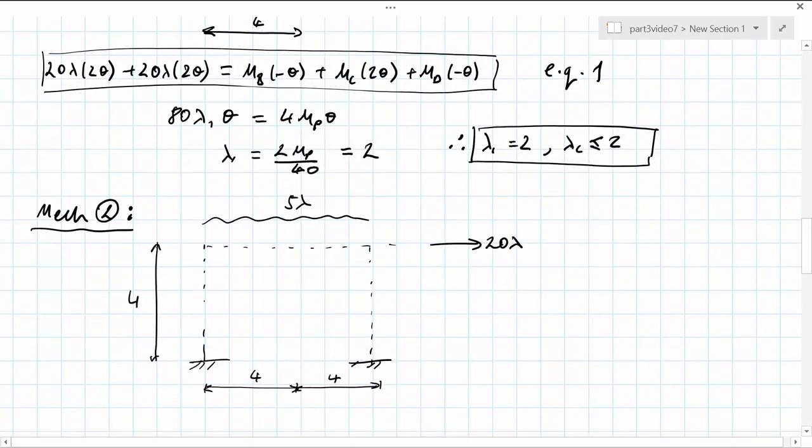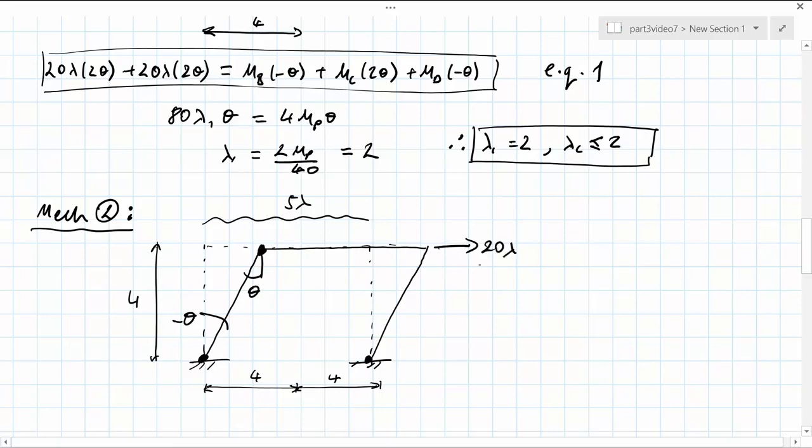For mechanism 2, we have a sway mechanism, with deformation angles minus theta, theta, minus theta, and theta, and horizontal displacement delta DH.